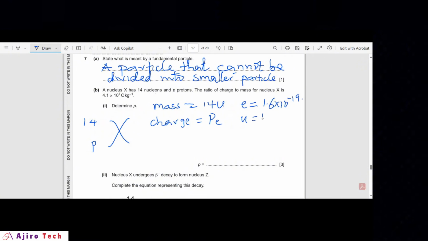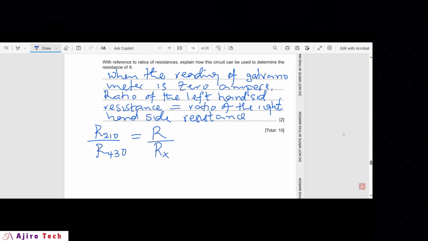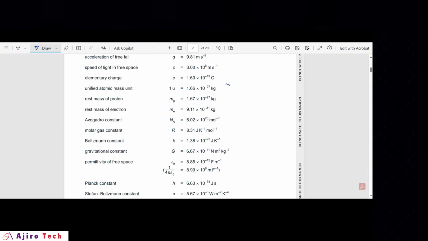U is the atomic mass unit, I think 1.66 times 10 to the minus 27 kg. Anyway, it's on the front page. You don't need to worry yourself. They also give the elementary charge. So that's all.